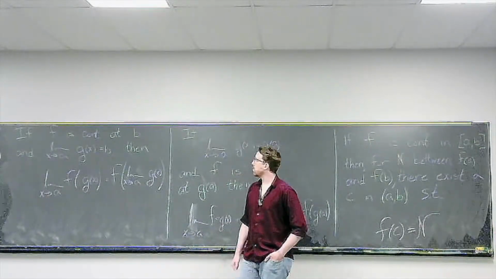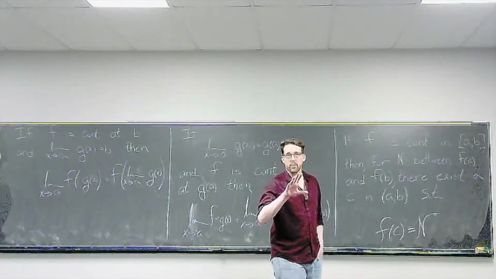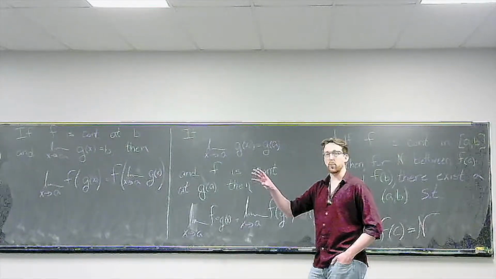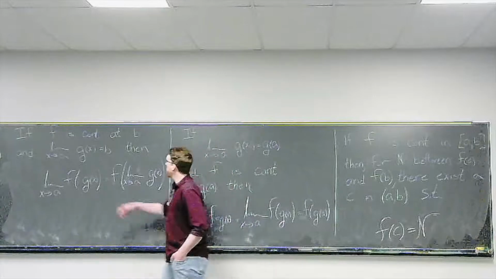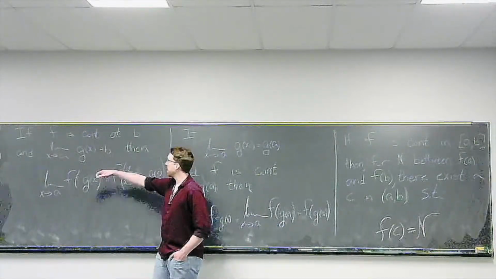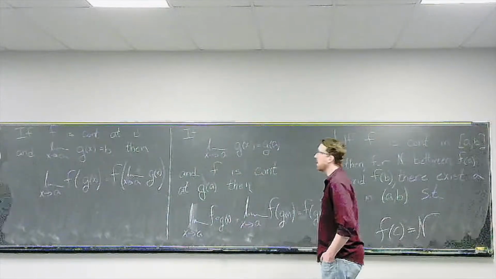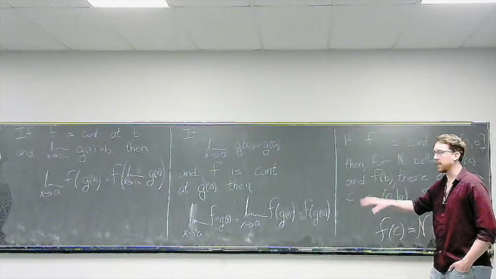And this first one, again, is just saying that there's a method by which you can pass the limit into the composition of two functions. So if f is continuous at b, and the limit as x approaches a of g of x is equal to b, then we pass that limit aside.